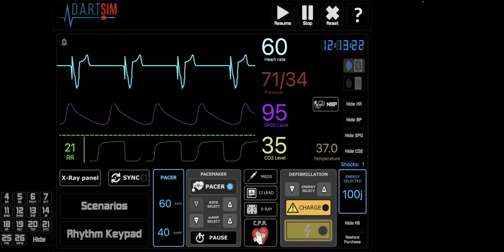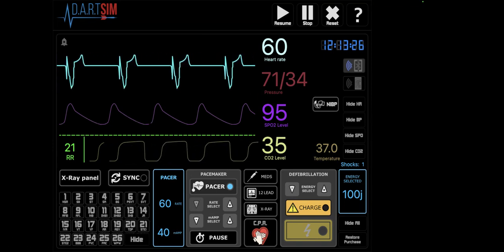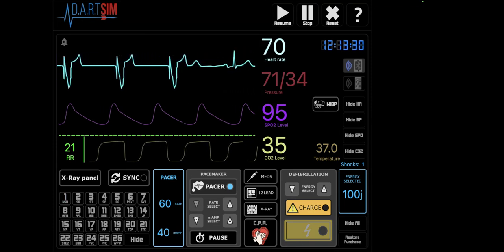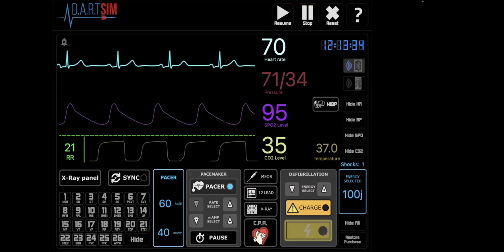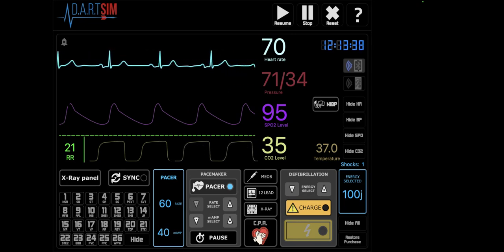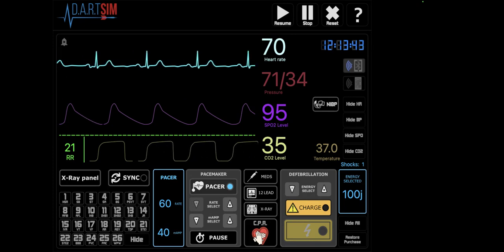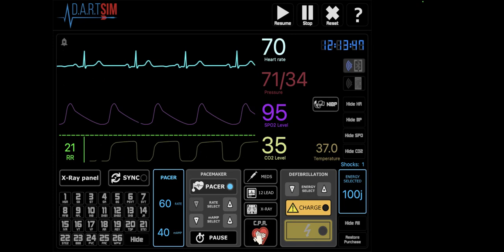And when you look, let's say this is our patient right now, and then all of a sudden this happened. And you wonder, where did the pacemaker go? Well, the pacemaker is still there, but the patient's own heart rate is 70. The pacemaker is set at a rate of 60.